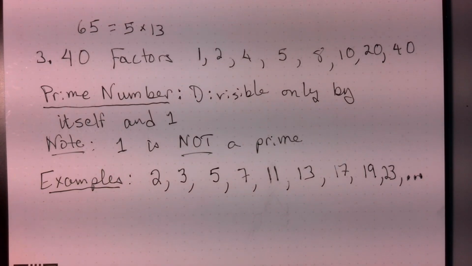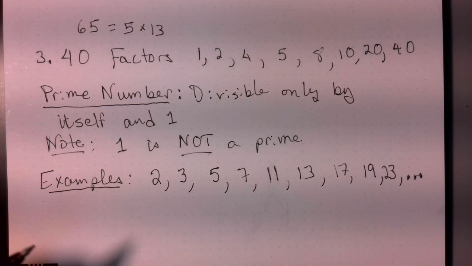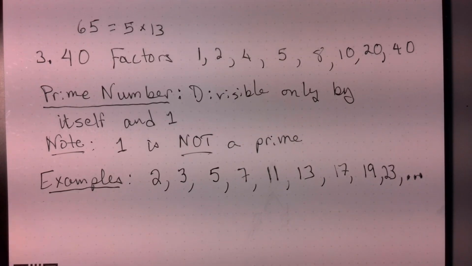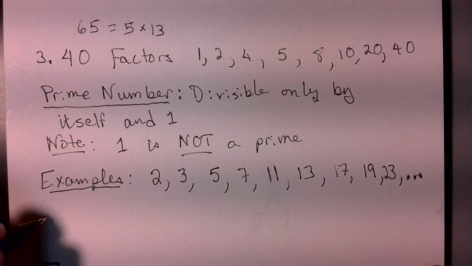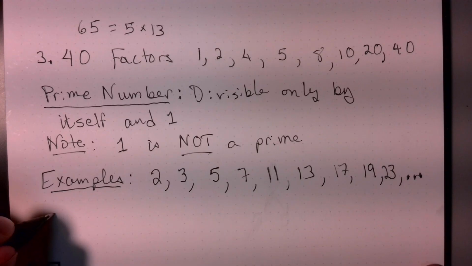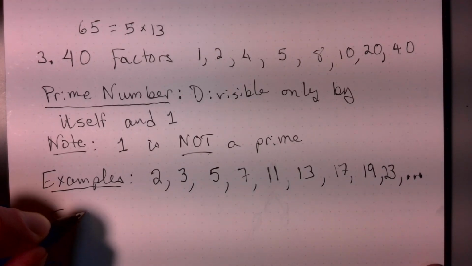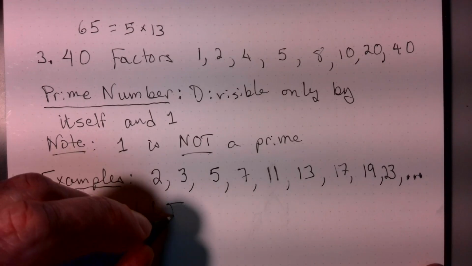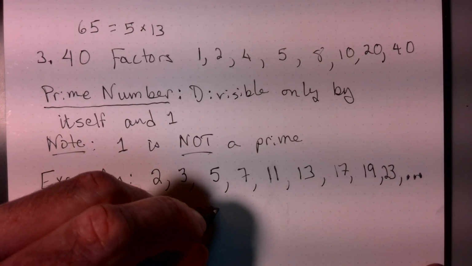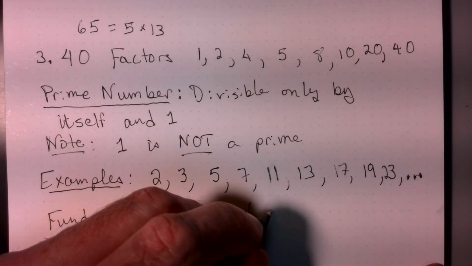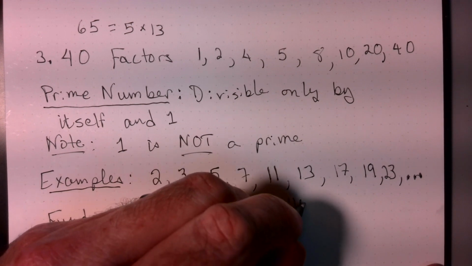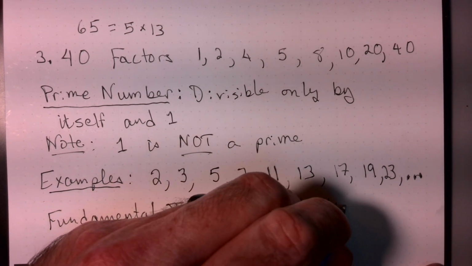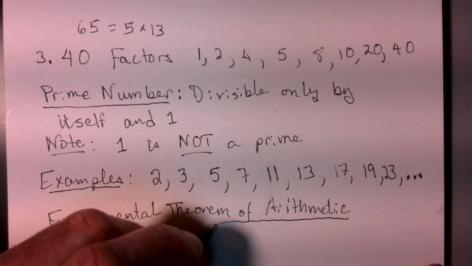So every number is either a prime number or it can be expressed as the product of prime numbers. That's actually called the fundamental theorem of arithmetic.